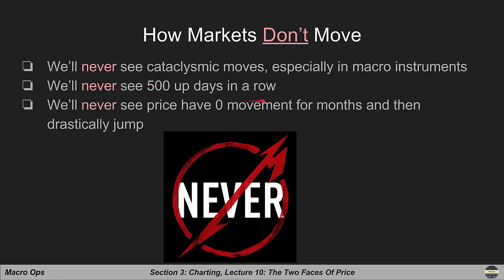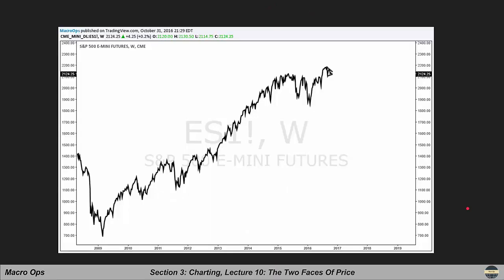We'll never see something like 500 up days in a row where an asset is bid up again and again every single day for 500 straight days. And we never really see price that has zero movement for months and then all of a sudden drastically jump to another level. So if we know what markets don't look like, it helps clue us in to what markets do look like and how they do move.